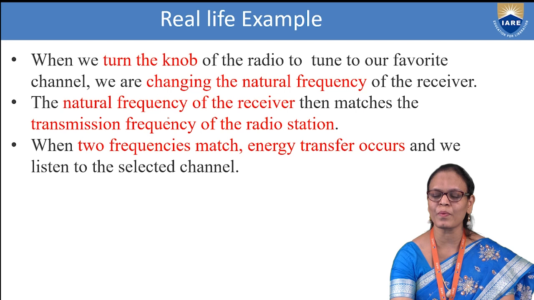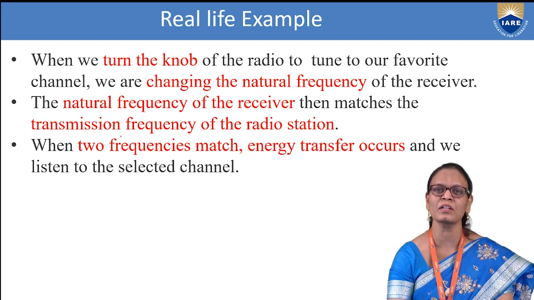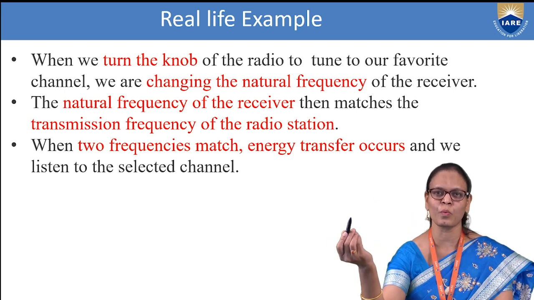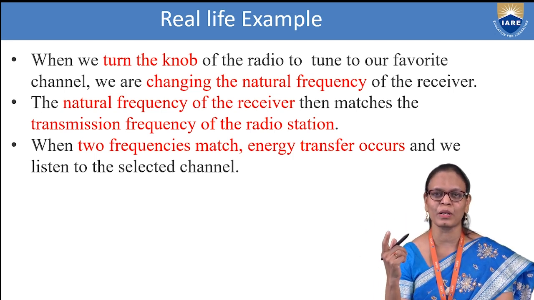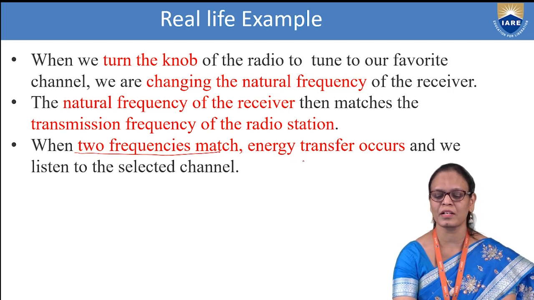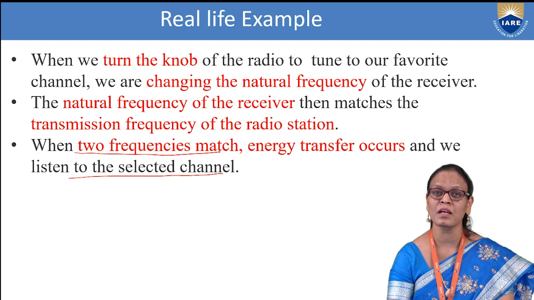The natural frequency of the receiver then matches with the transmission frequency of the radio station. The radio station is transmitting some frequency, and if you are tuning your radio to that particular frequency, and when the two frequencies match, energy transfer occurs and we can listen to the selected channel. That is how radio communication is happening.